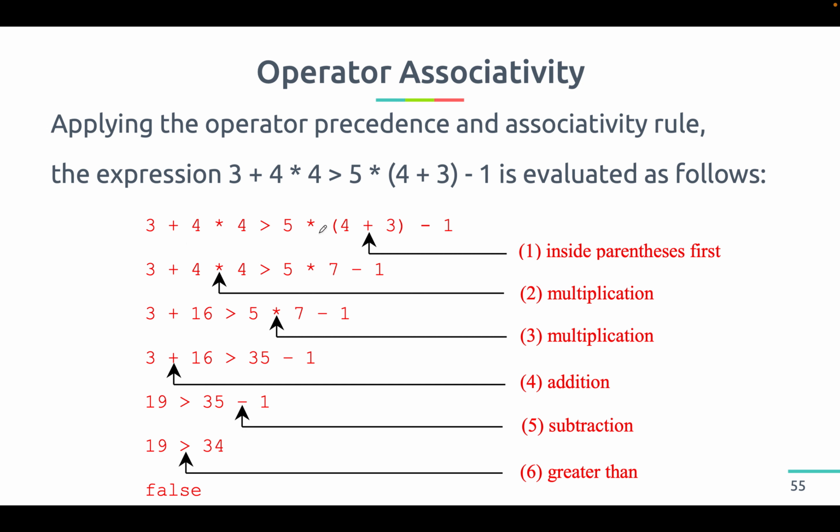So here, as we can see, we start with this expression, 4 plus 3, and after we complete this, we go from left to right, starting with the highest precedence. Here we have two values with the same precedence, but we start from left to right, and so on and so forth until we get the final answer.